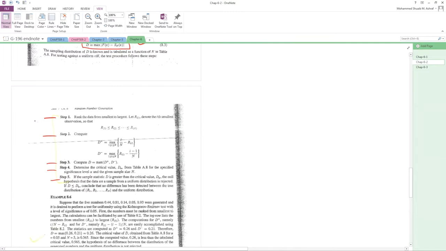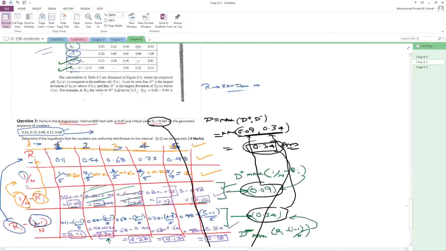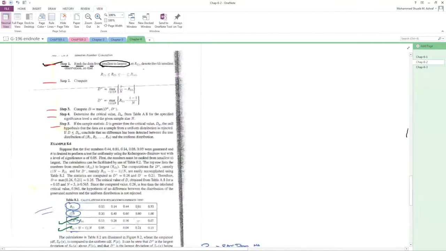Now you will understand more clearly. Step number 1, rank the data from smallest to largest. As I told you, in step number 1 you have to arrange the numbers given in the question in order, first small, then big.